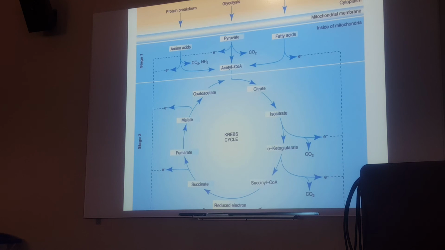So if you affect any enzyme in here, oxaloacetate is needed for the Krebs cycle to run, okay? The reason it's a cycle is you're regenerating that oxaloacetate every time to start it with another acetyl-CoA. If you stop it somewhere, you're now not getting oxaloacetate to start the Krebs cycle. That's going to be problematic, okay?